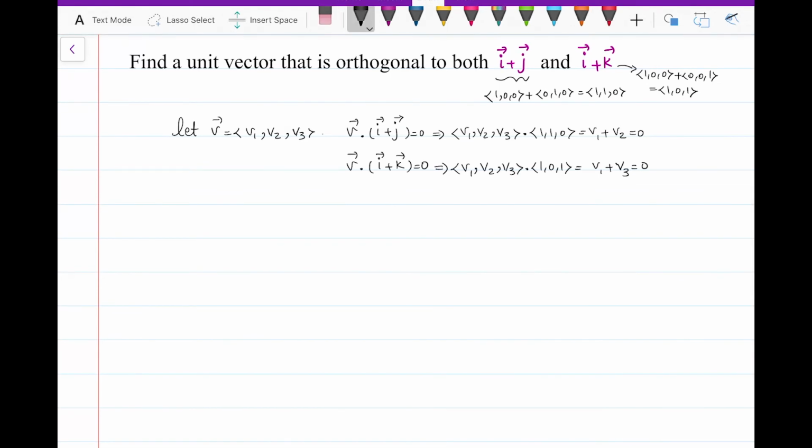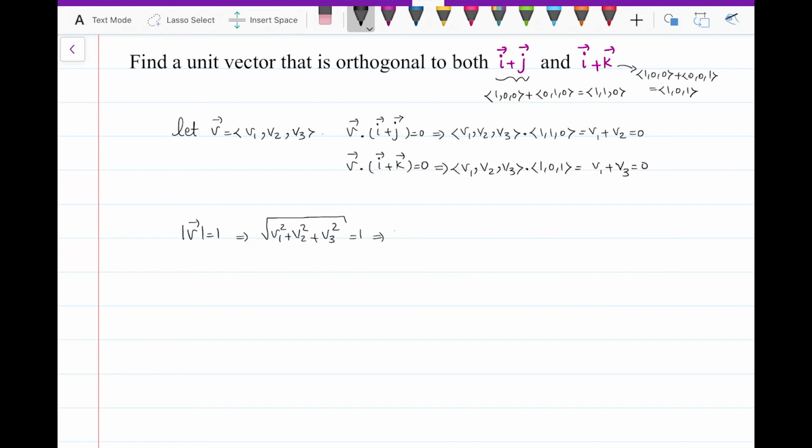Okay, well, what else do I know? I know that v is a unit vector, which means that the length of v is 1. What is the formula for length? It is the square root of the first coordinate squared, second coordinate squared, and third coordinate squared. This is equal to 1.